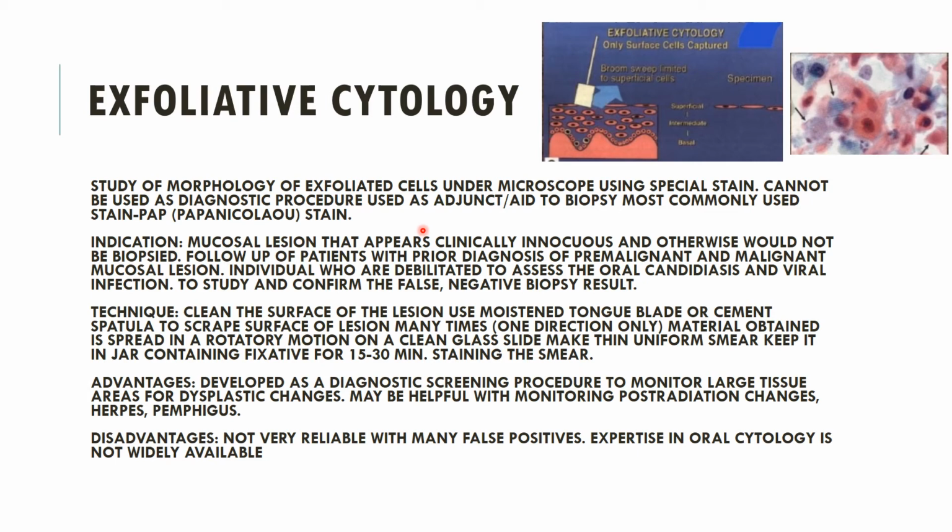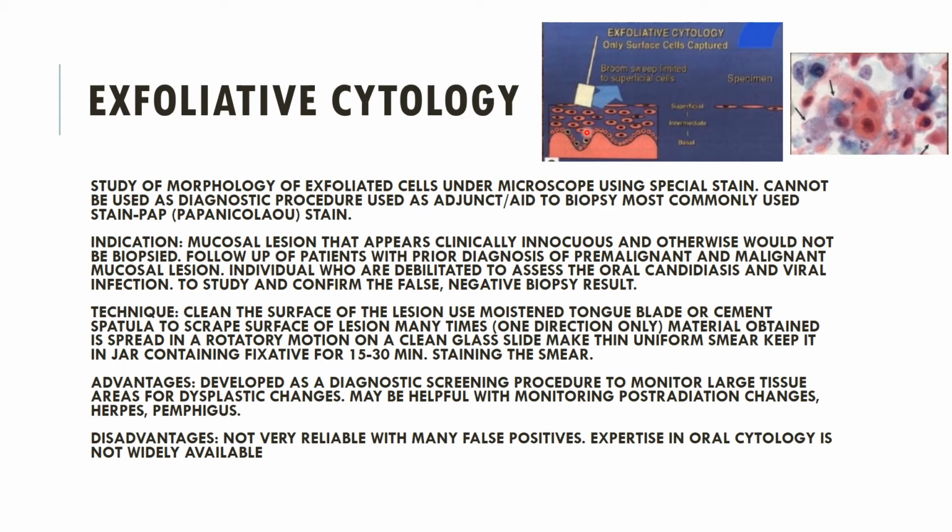The commonly used stain in exfoliative cytology is the PAP stain. PAP is because the person who gave this stain was George Papanicolaou. I don't know how to pronounce it properly, but it is Papanicolaou, and this stain is named after the person who invented it. In exfoliative cytology, you're just going to remove the superficial cells.